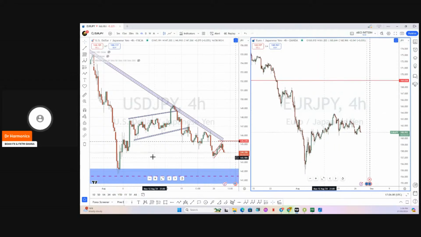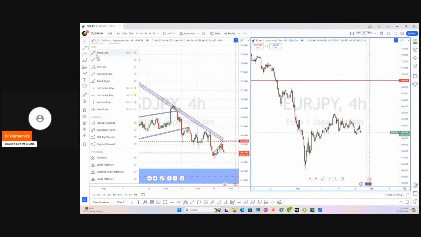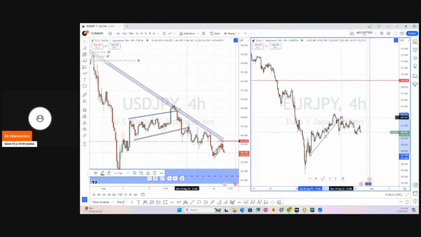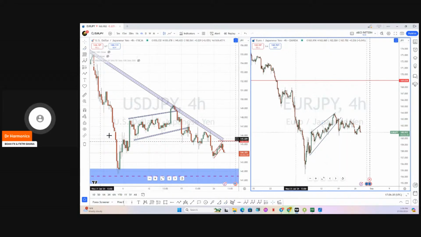Now look at this. The same structure. Okay, the same structure. Now look at this. So we had the same structure here.